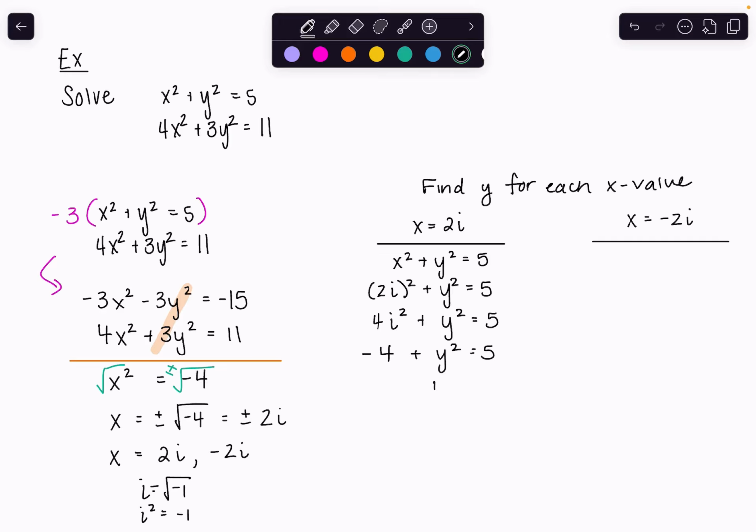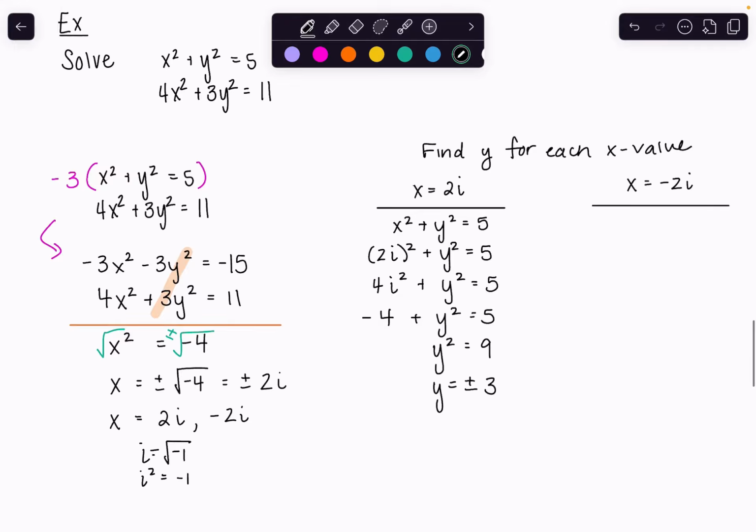Adding the 4 over gives me y squared equals 9. And then when I take a square root, you get two answers, plus or minus 3. So corresponding to 2i, we have the solution positive 3, and then we also have the solution negative 3. Okay, so these are both solutions.